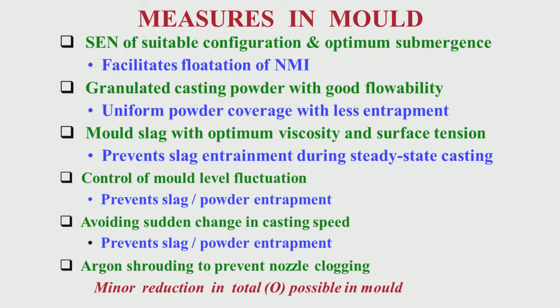So, now let us see what are the issues in the mold for getting good cleanliness. The SEN, as I have told you, the submerged entry nozzle, must have suitable configuration and optimum submergence. Submergence is important, as I have told in the tundish also, there is submergence; here also there is submergence. Otherwise, what is going to happen?